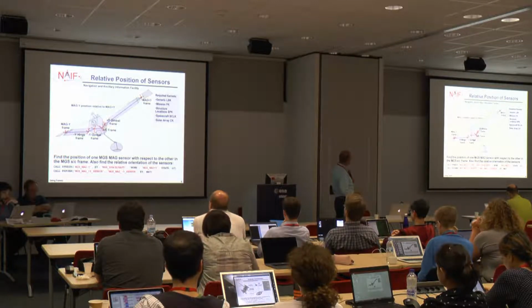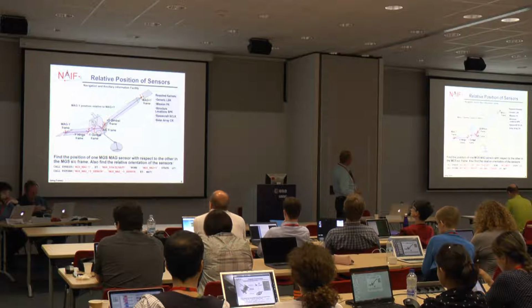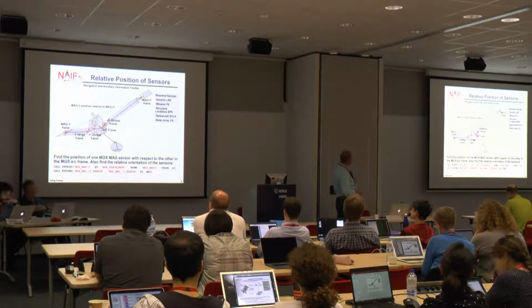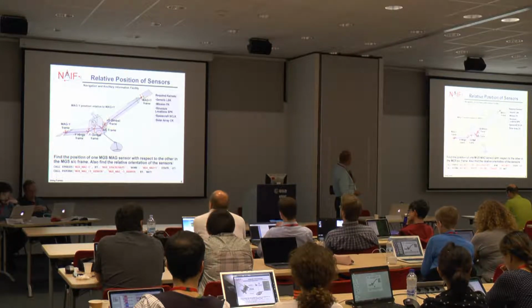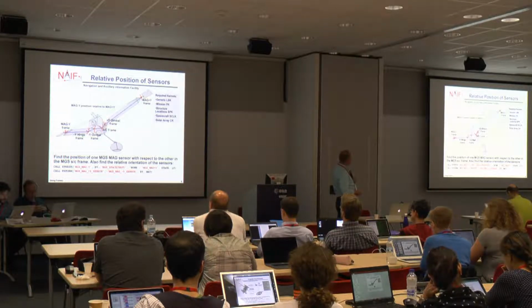For computing relative location, a single SPK EZR call was used, in which the position of one magnetometer sensor, mounted on the -y panel, was computed with respect to the other magnetometer mounted on the other panel, directly in the spacecraft frame at whatever time was requested. And this call to PXFORM computed the rotation from the +y sensor frame to the -y sensor frame.